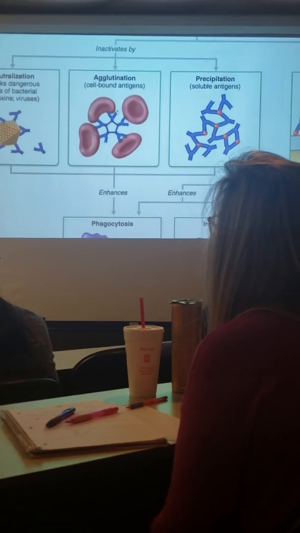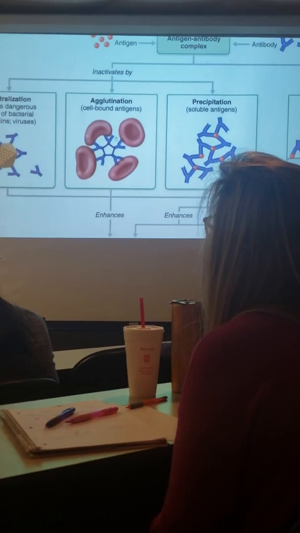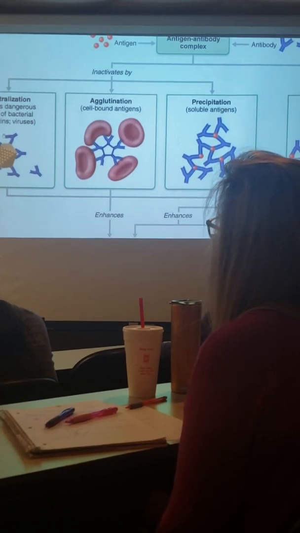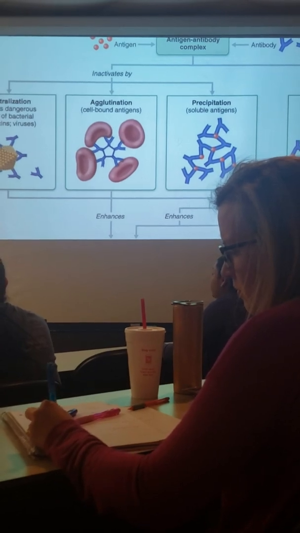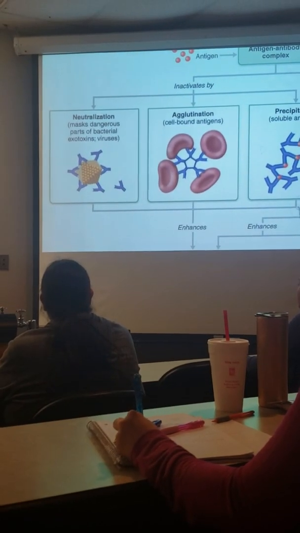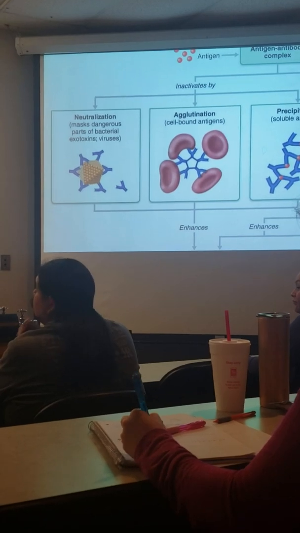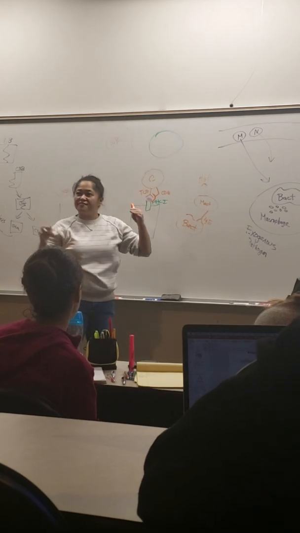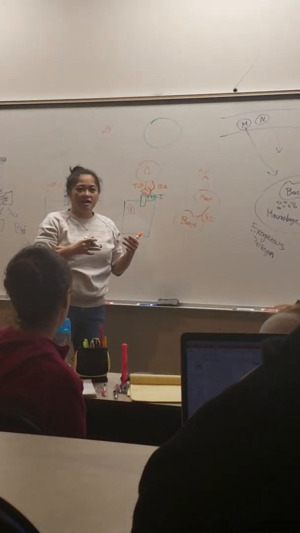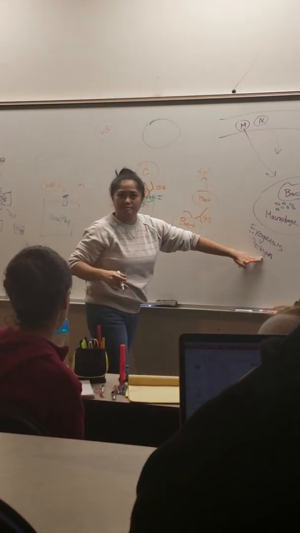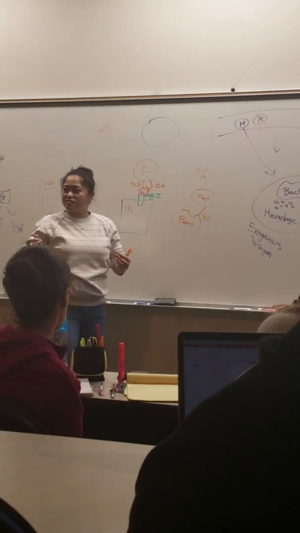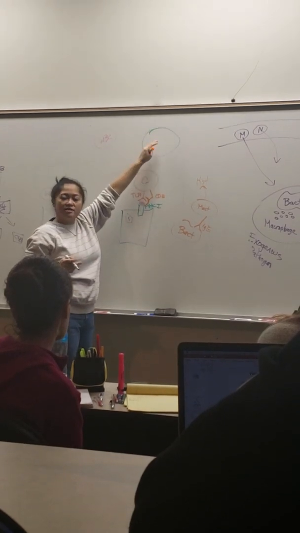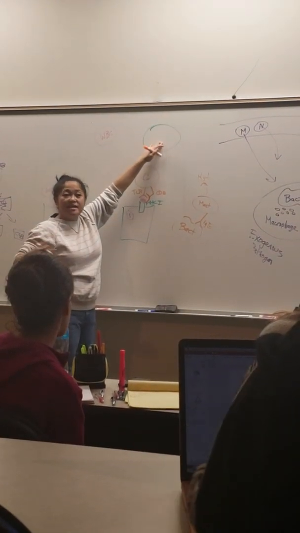Okay? Now, in addition to agglutination, it also does something called neutralization. Now, let's say that this right here is your bacteria. And remember we said that bacteria fights from the outside, right? So it's an exogenous pathogen. Since it fights from the outside, that means that there has to be something on the surface of this bacterial cell that is dangerous.